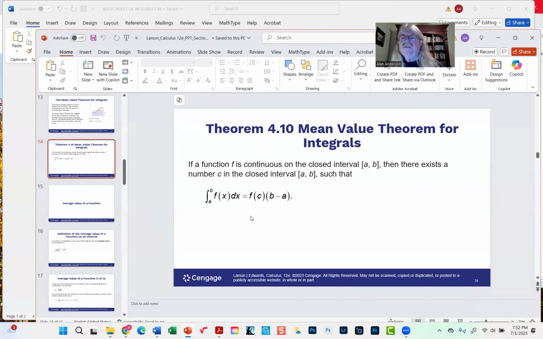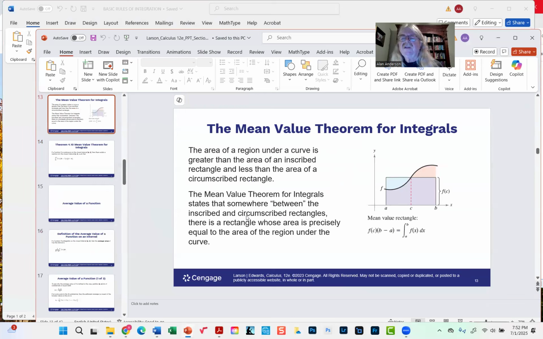All right, so the mean value theorem applies to integrals. Basically, what it's telling us is that if you're looking for the area under a curve, there's a point in that interval somewhere such that the rectangle circumscribed around it equals the average area, the total area under that curve.